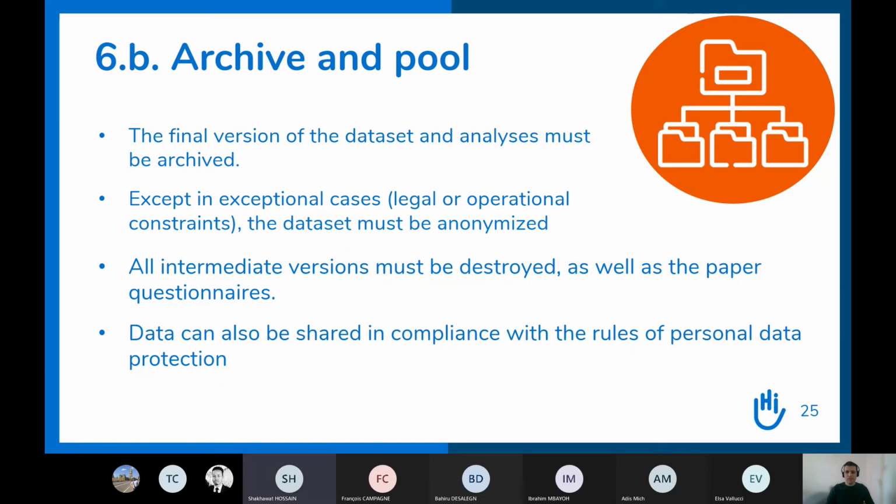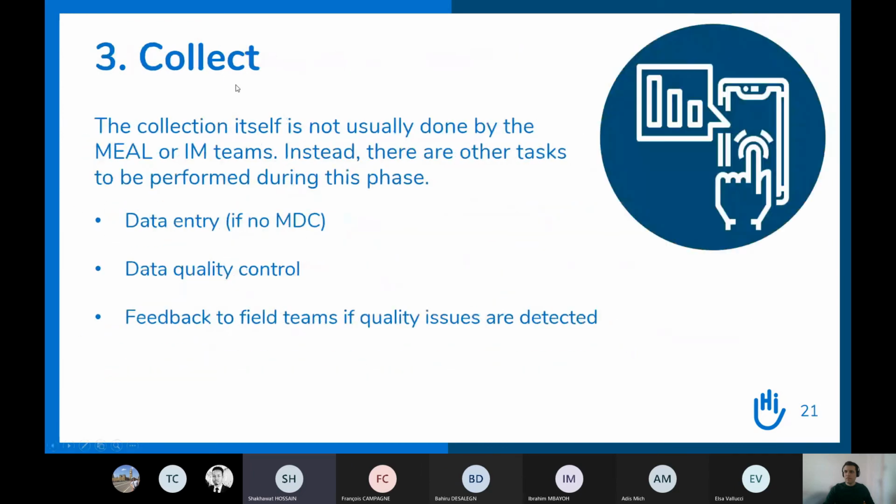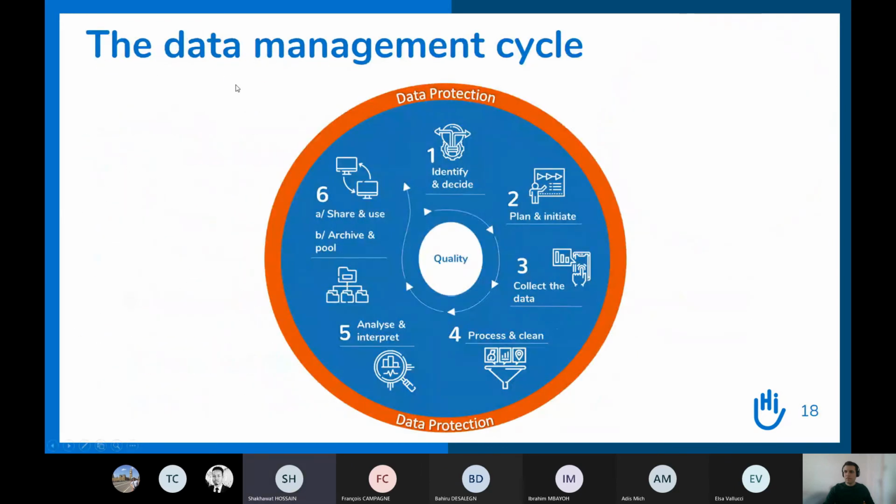So now my question is like this: if we go for paper-based data collection, and then we input the data into the database, and we do the analysis, and all those things are done, so for the archive, is there any policy or procedure on how long we'll keep the paper-based database?